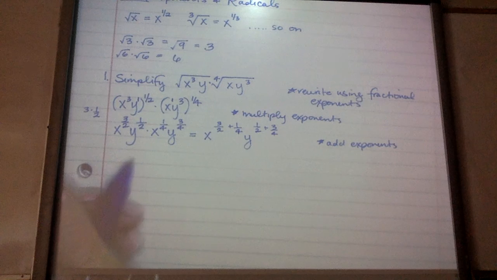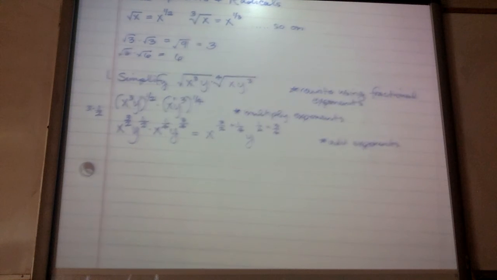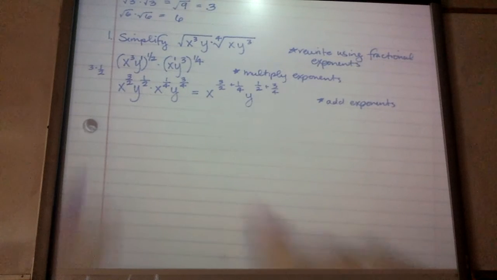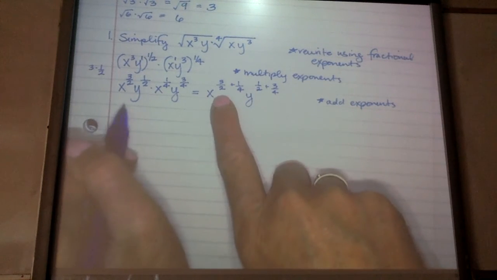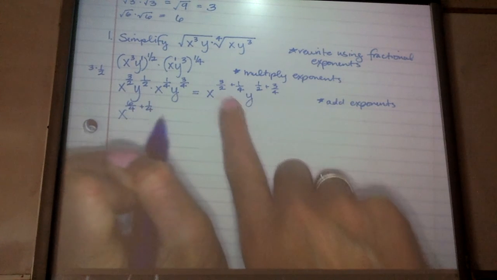And so I'm going to add these by creating common denominators. So for x, 3/2, I would multiply by 2, and that would give me 6/4 plus 1/4 times y.